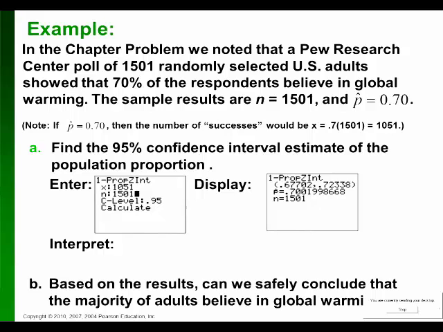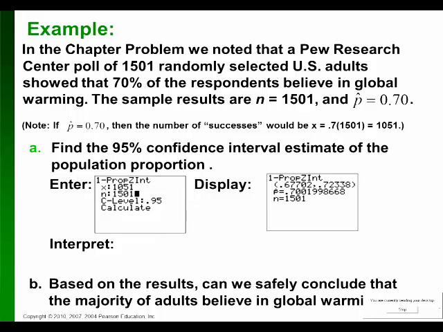Yeah. You're going to have to type in, since X stands for a number of successes, you can't have a half a success or a third of a success. That's why when we multiplied 70% of 1,501, we had to round to the nearest whole success. Because you can't have half a success. That's all right?